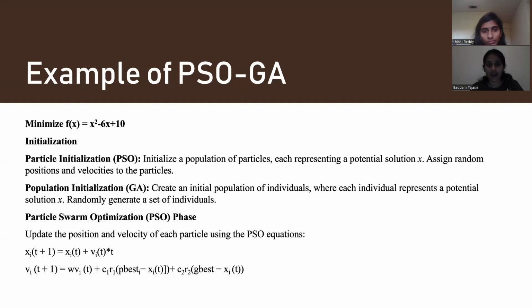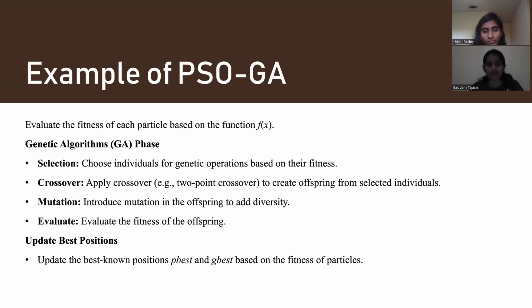After initializing the population of particles, we update their velocity and position based on the PSO equations, which are shown in the slide. After updating those values, we calculate the fitness of each particle. Then we apply the genetic algorithm. Here we perform selection.